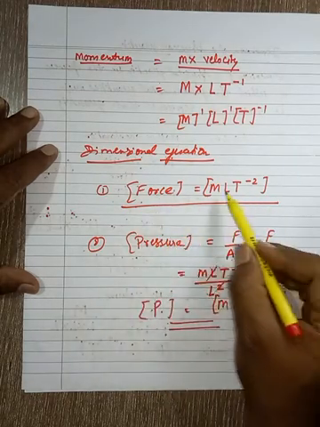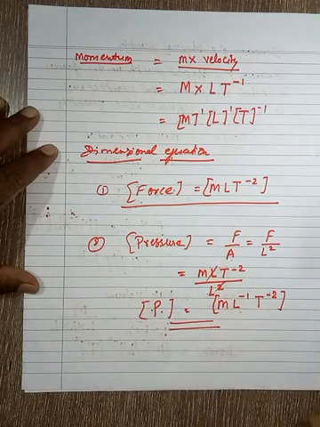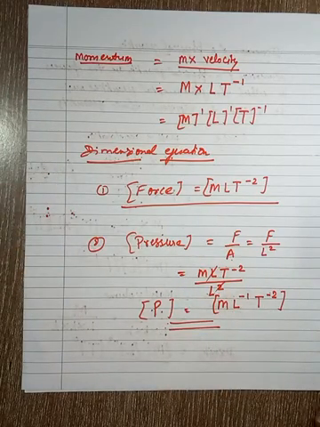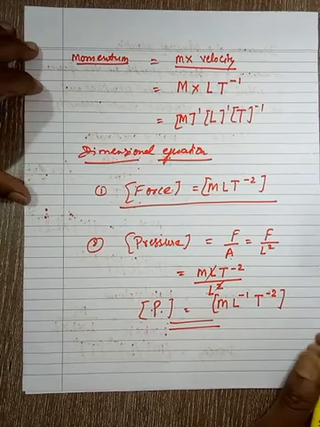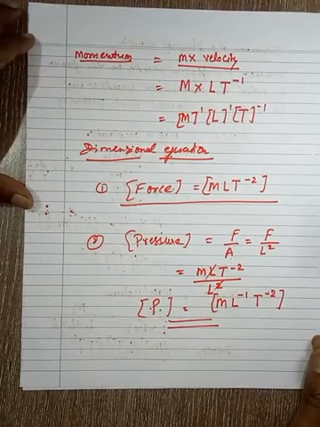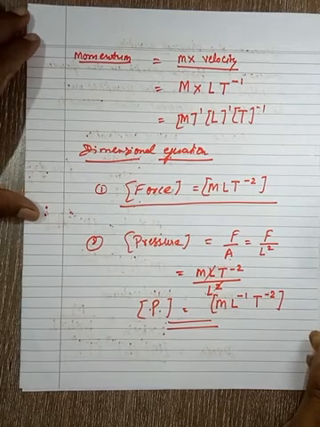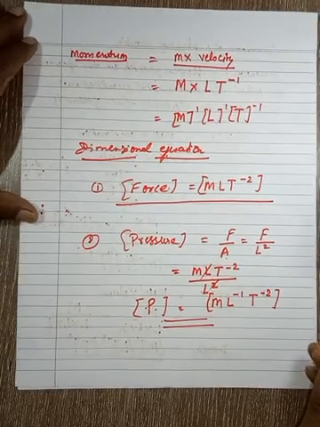So force depends on mass, length and time. Similarly, pressure depends on mass, length and time. So almost all physical quantities depend on dimensions. There are certain quantities that do not depend on dimensions, and the properties of dimensions I am going to tell you later in the next video.